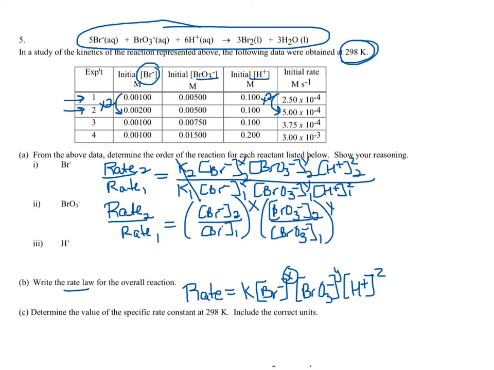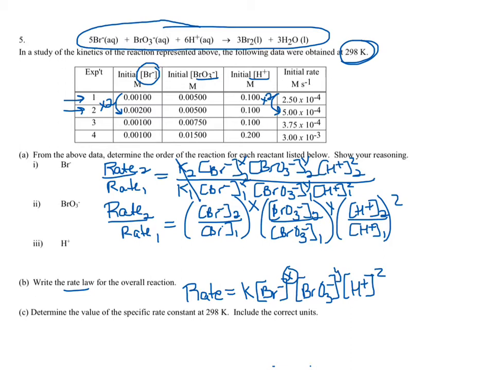The ratio of BrO3 minus in the second trial over the first trial raised to some unknown power y, and the ratio of H plus in the second trial over the first raised to some unknown z power. That's a z, not a 2.